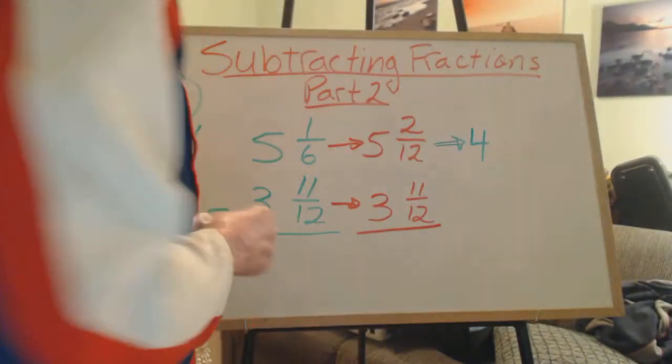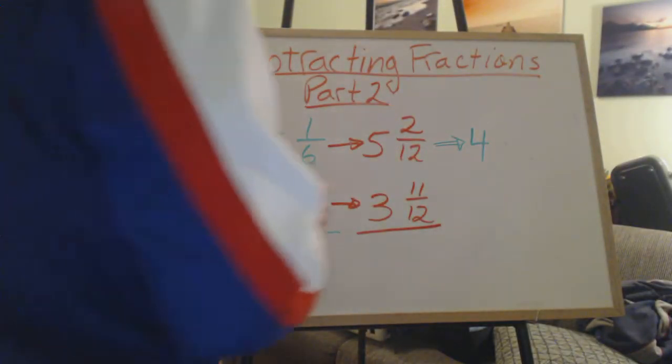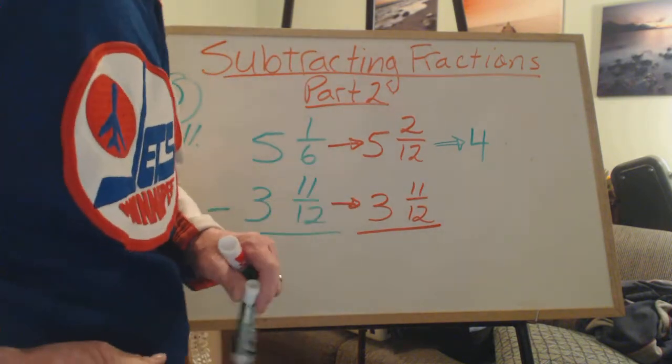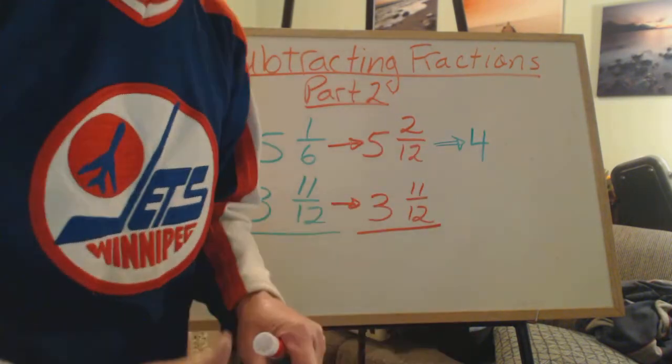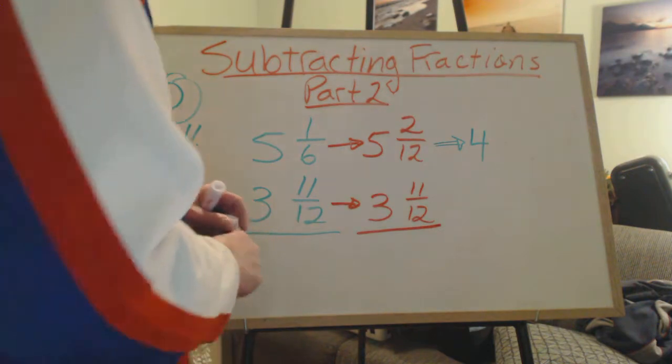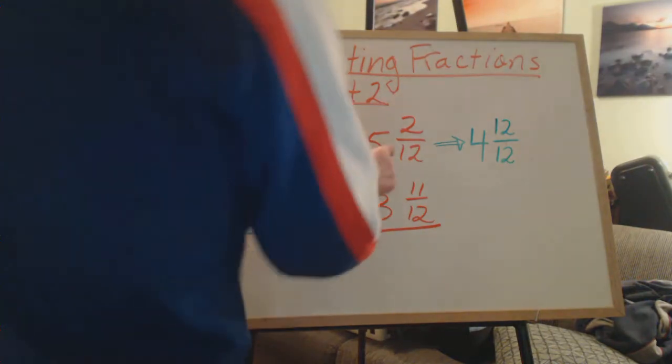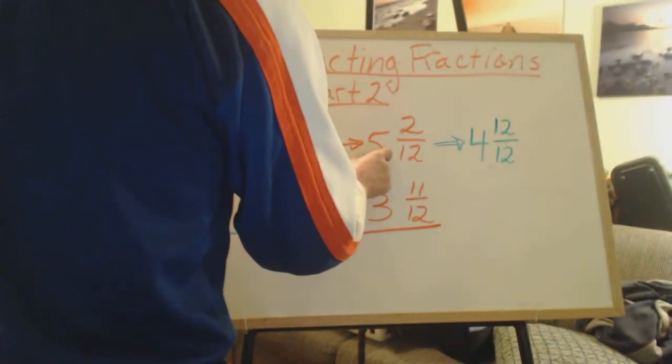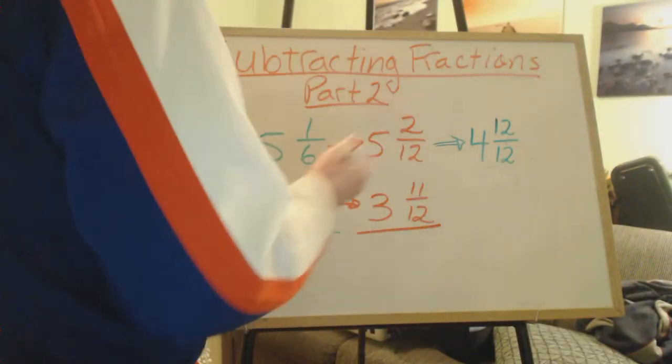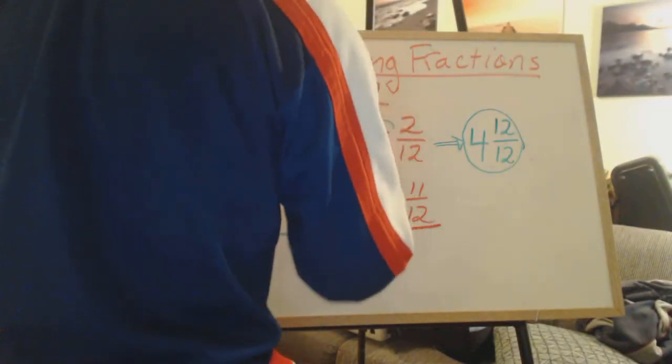Now I borrowed 1. But I can't just borrow any 1. I have to borrow a special 1. And the special one that I'm talking about is going to be 12/12. So do you see that 5 and 4 12/12 are the same amount?